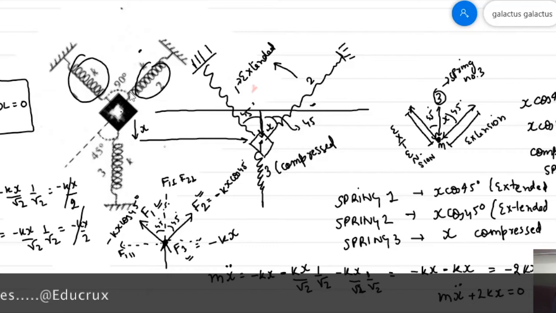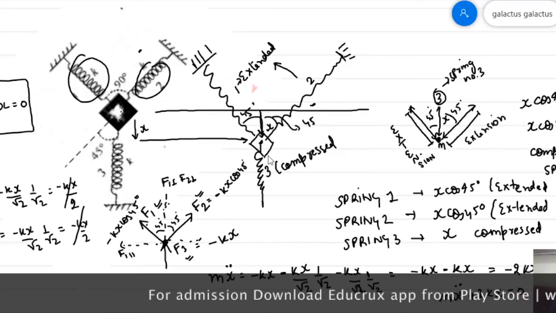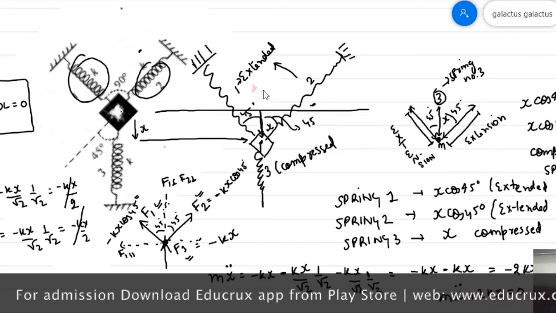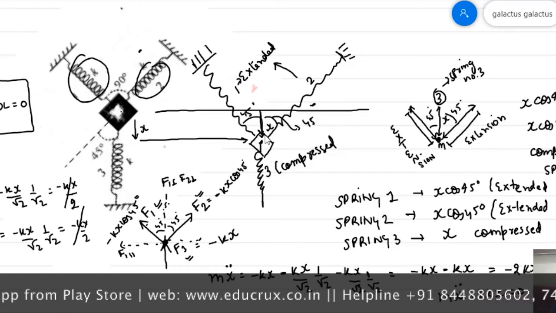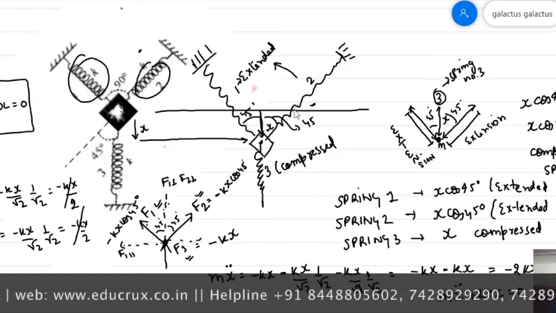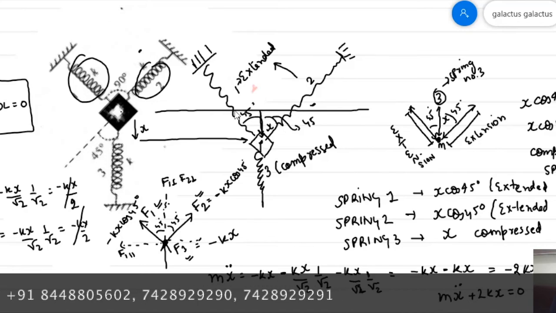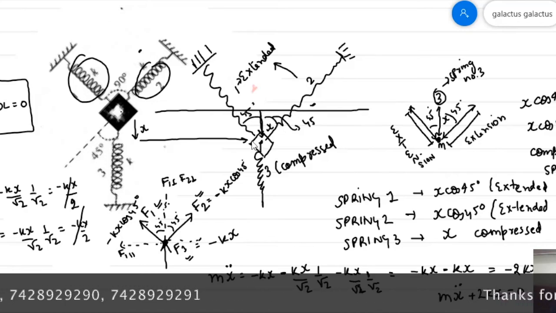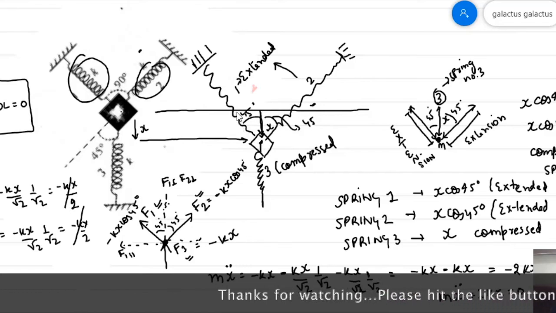We can also see this from the figure, that if I compress the spring along the vertical downward direction by x, then spring number 3 will try to shoot the mass m upward, and spring 2 will again try to push the mass upward, and spring number 1 will also try to move the mass in the upward direction.